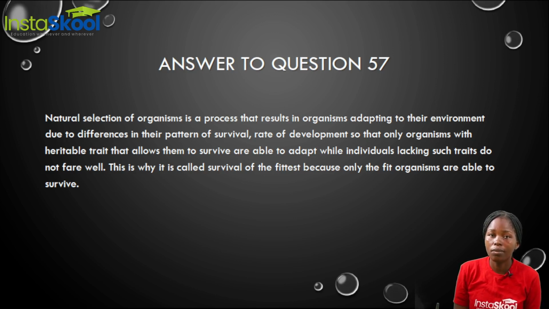These organisms are able to adapt more than individuals that lack such traits, and this is why natural selection is also called survival of the fittest, because only the fittest organisms, that is, organisms with traits that enable them to survive.